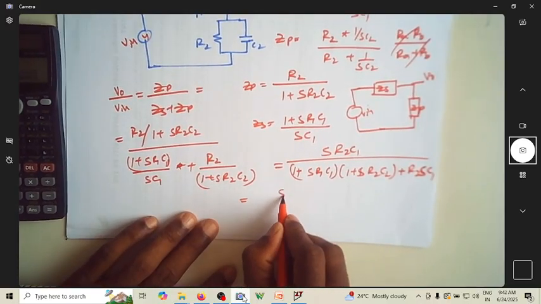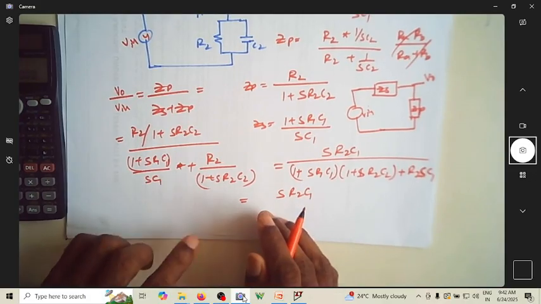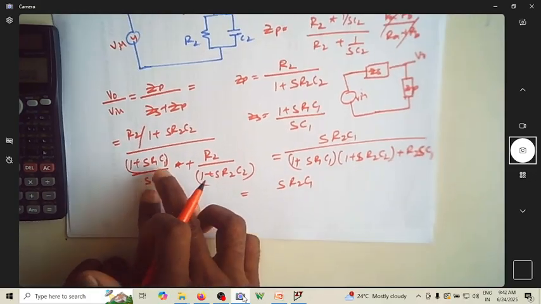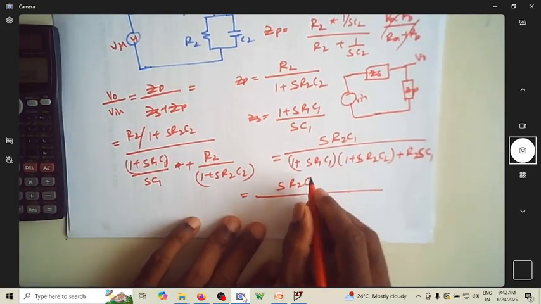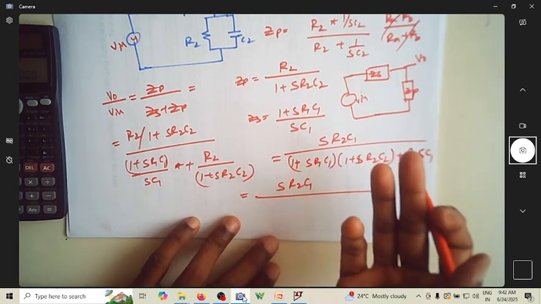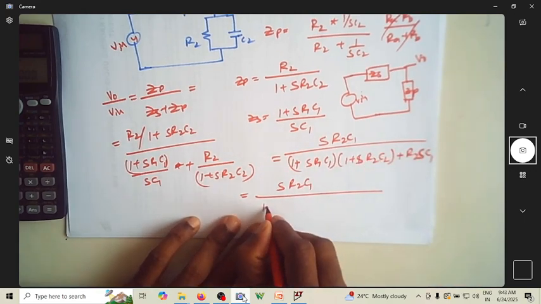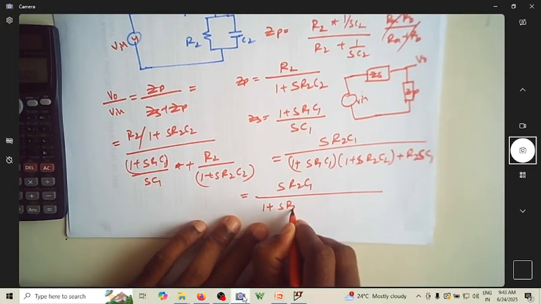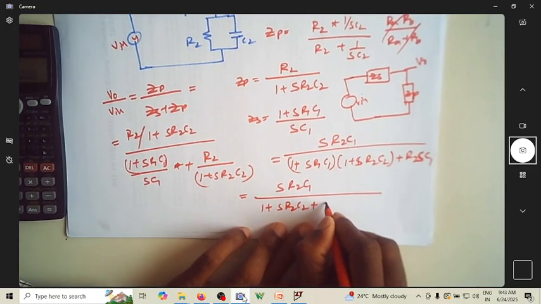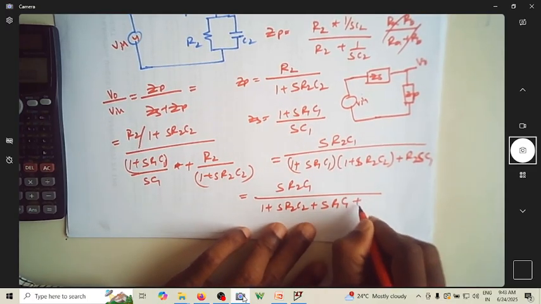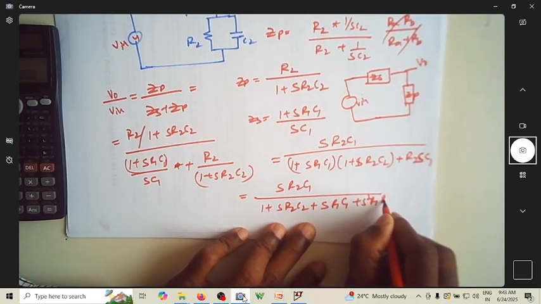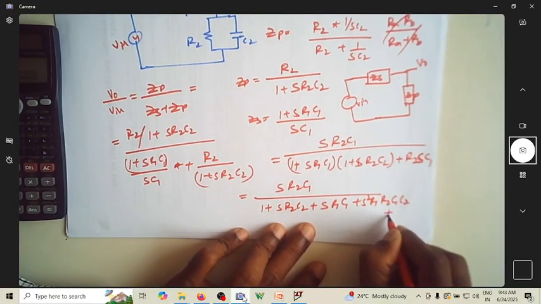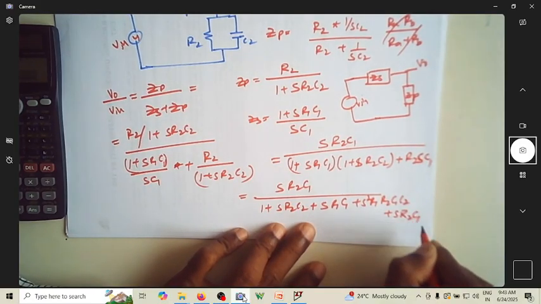So this will be S R2 C1 because this will go off, divided by 1 plus S R2 C2 plus S R1 C1 plus S square R1 R2 C1 C2 plus S R2 C1.